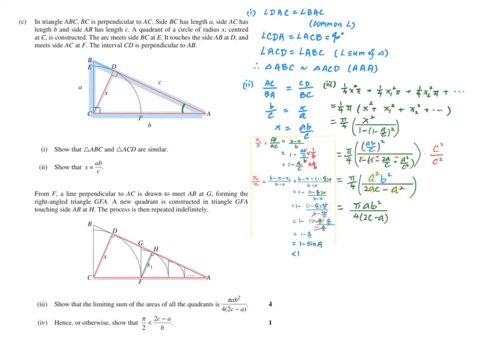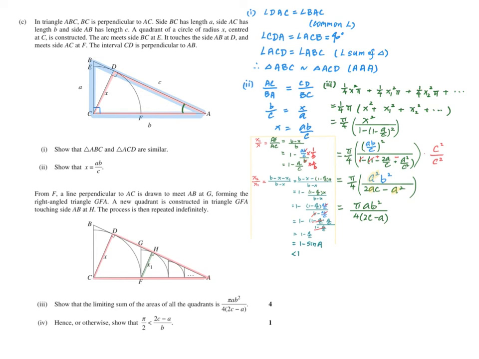And we have 1 over c squared in both the numerator and the denominator. Therefore, we multiply c squared to both the numerator and the denominator, and we will obtain a squared b squared in the numerator. And the denominator, this term becomes 2ac. Here minus a squared over c squared, you multiply the c squared, it becomes minus a squared.